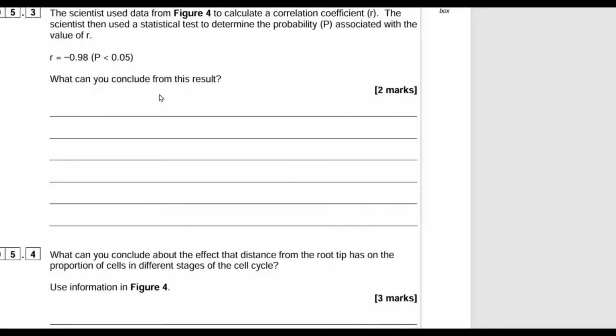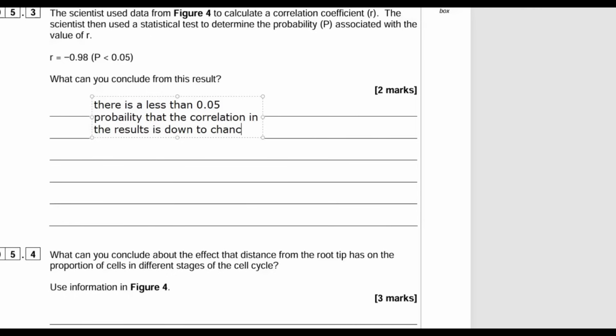And what we would have found here is that actually there's a below 0.05 probability. So there is a less than 0.05 probability that the correlation in the results is down to chance. There is therefore a significant correlation in the results.